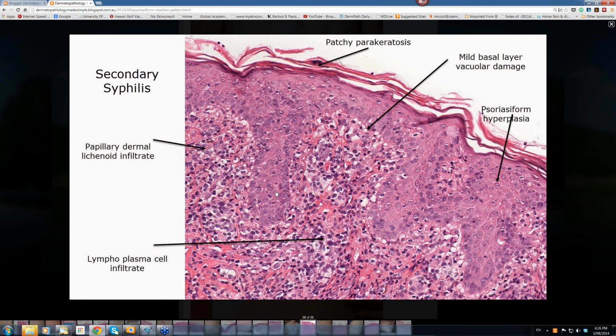Remember, biopsies from mucosal surfaces may often have plasma cells in them, but if there's a biopsy from the chest wall and you see lots of plasma cells, boom, syphilis you certainly think of. Look at that psoriasiform hyperplasia, acanthosis, and this fairly tight, well-bound infiltrate, but the plasma cells are the important thing.